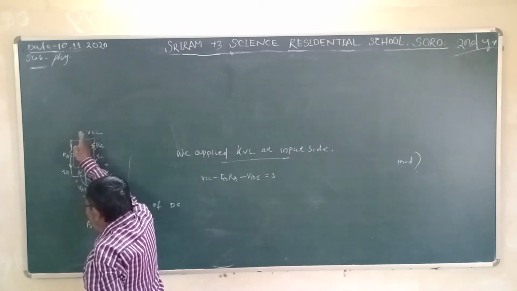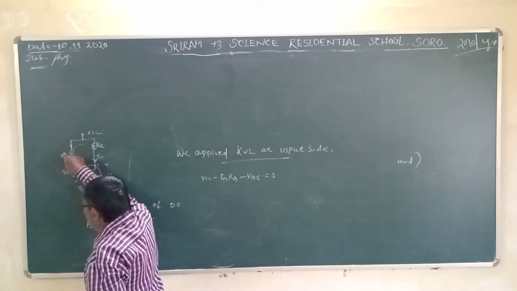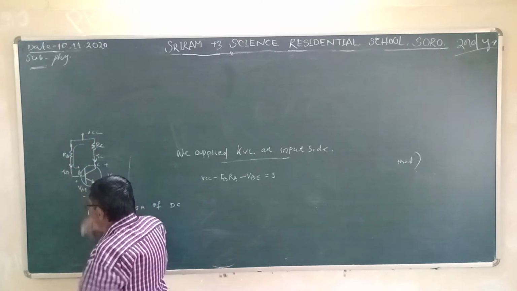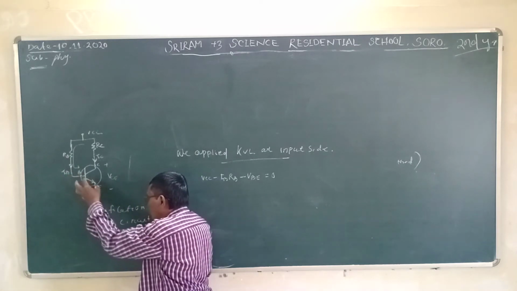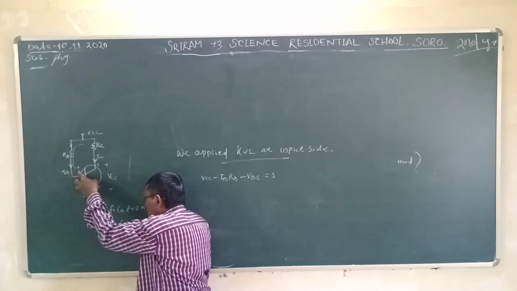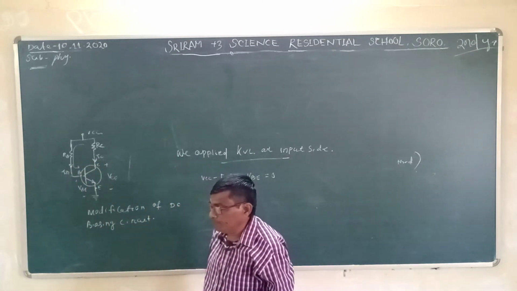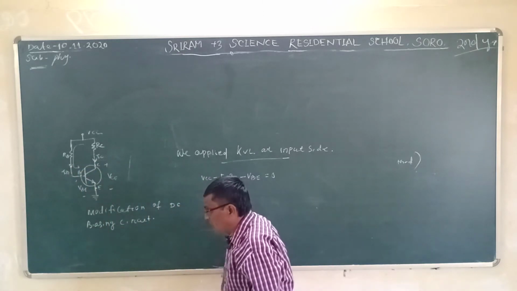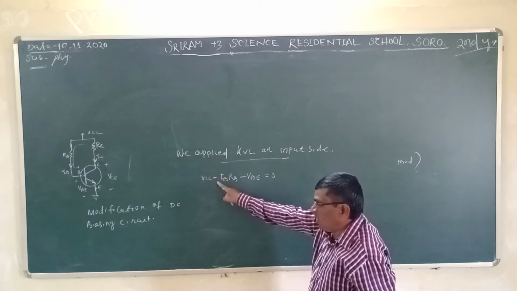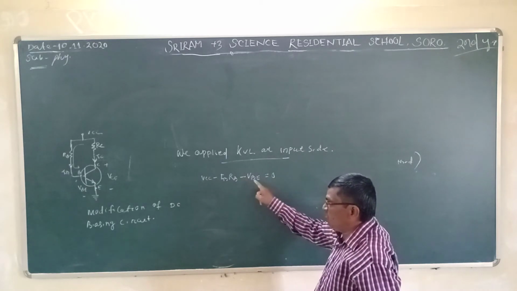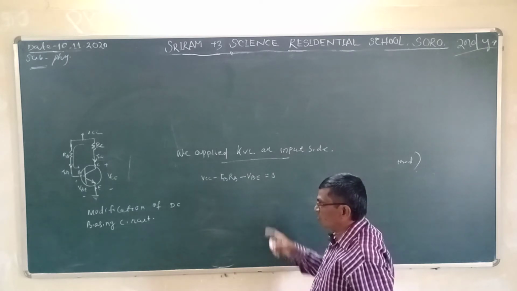Then VCC and this drop voltage IBRB, and the next voltage drop is the base emitter junction voltage VBE. We write VCC minus IBRB minus VBE equal to 0.